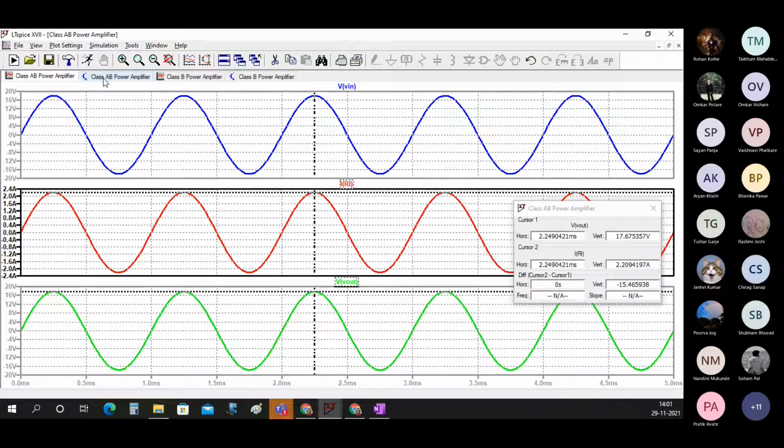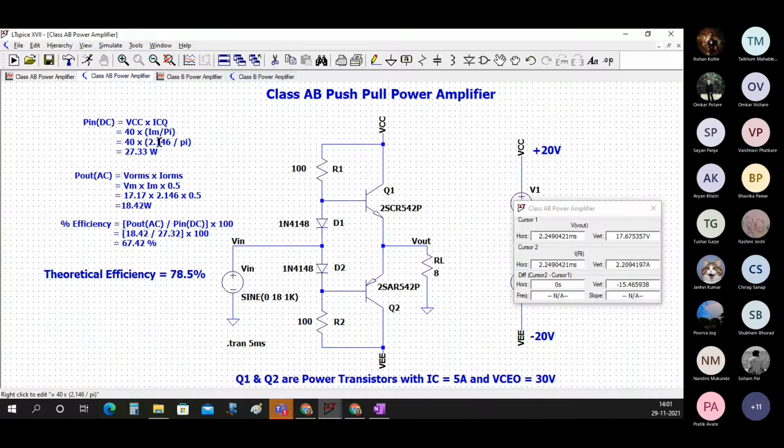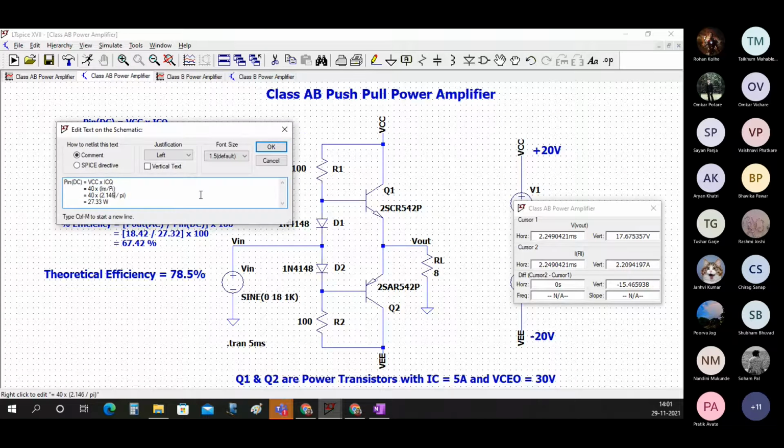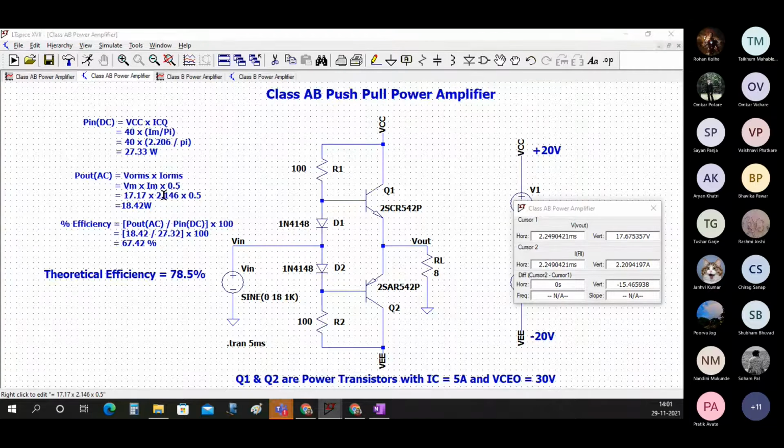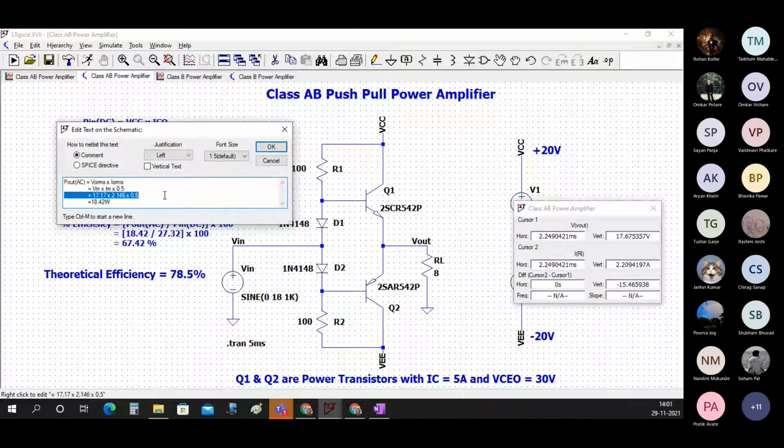So accordingly we will do some changes in the calculation. So what will be the changes? Here this will become 2.206, and in this formula we will have 17.67, 17.6, 2.